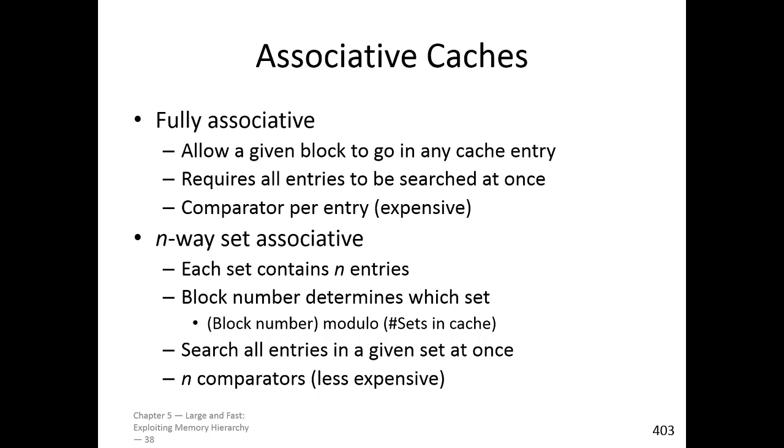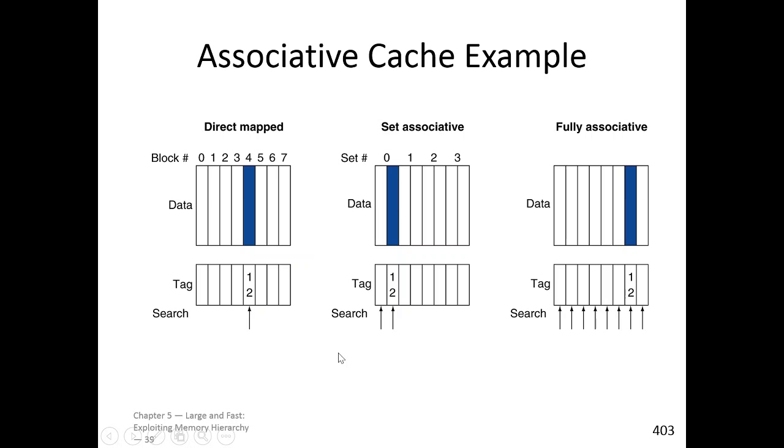You decide where something is saved in those sets based on the block number modded by the number of sets in the cache instead of the number of blocks in the cache, and then you search all those entries in a given set at once. Now in parallel, we're only searching some number of sets instead of all of them, so it's less expensive.